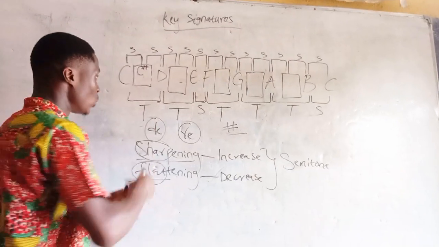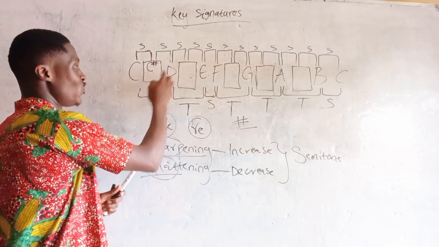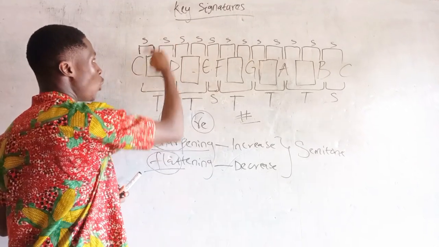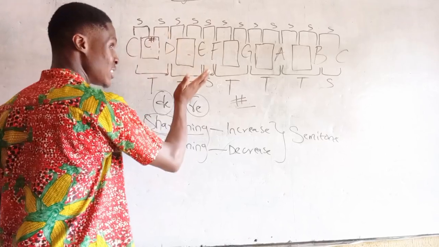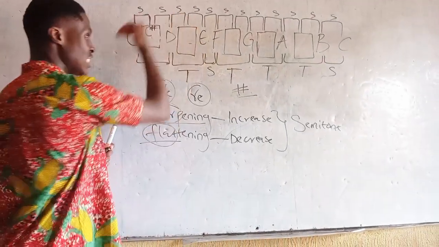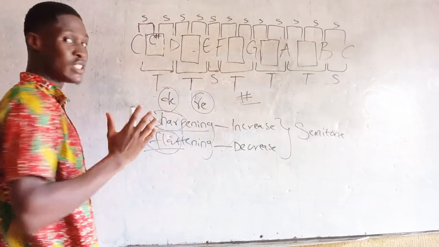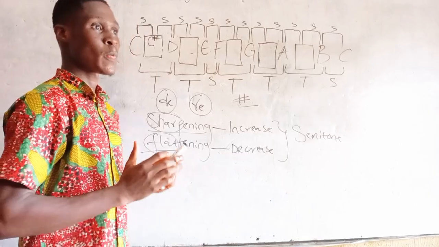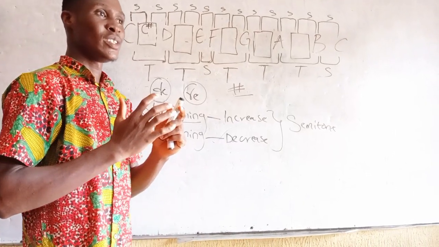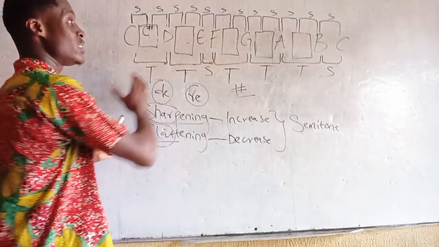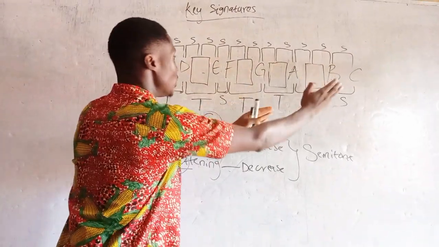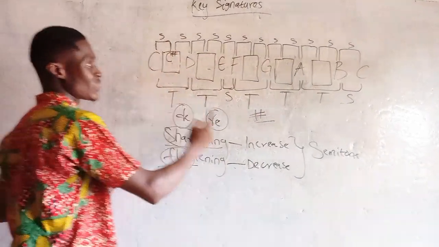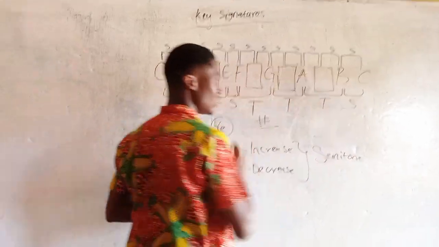There's another way to get to this key. If you move from D backward, that is flattening, because sharpening is increasing, flattening is decreasing. Let me say it again. I said it in our last class. The sounds produced by these keys increase from this way to this way, because this is the lowest key and this is the highest key.